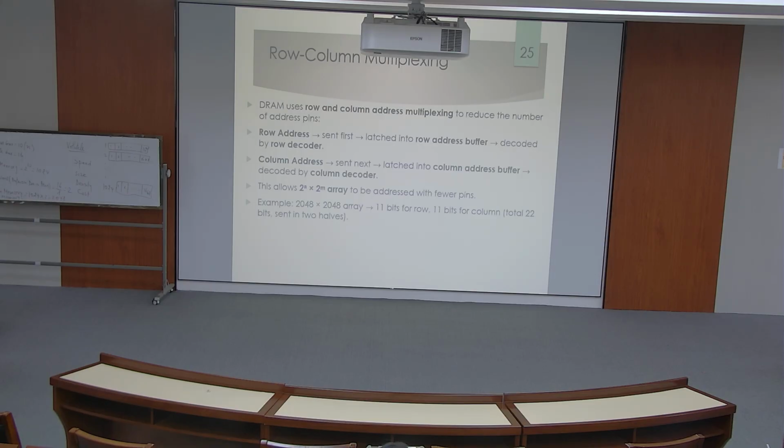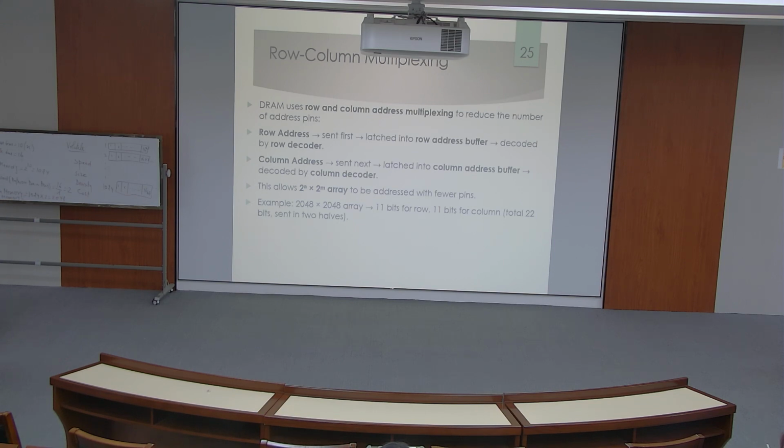Then it has to be decoded by the row decoder. The column address has to be sent next, after the row address. That means the microprocessor needs to select first the row address, then the column address will be sent after, and it has to be latched into what we call the column address buffer to be decoded by the column decoder.